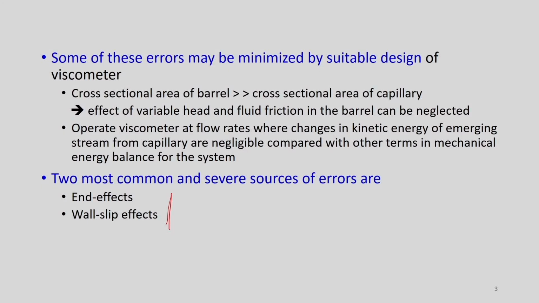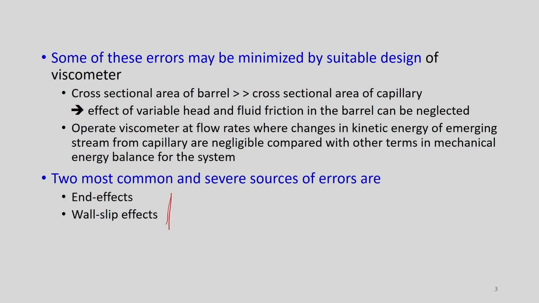So, some of these errors, as I mentioned, may be minimized by suitable design of the viscometer. If the cross section area of the barrel is very much larger than that of the capillary, then the effect of variable head and fluid friction causing viscous heating in the barrel can be neglected.